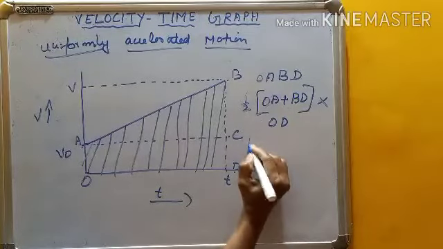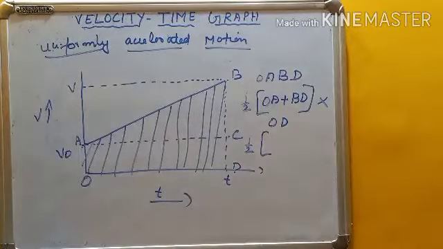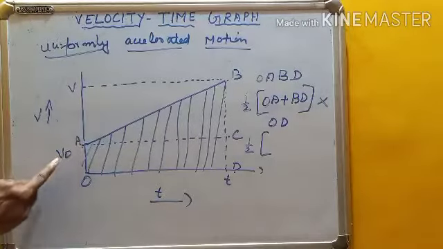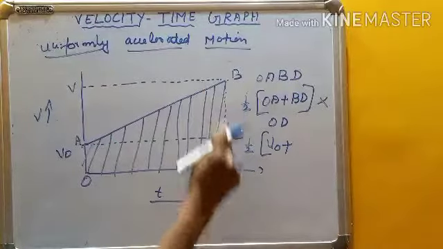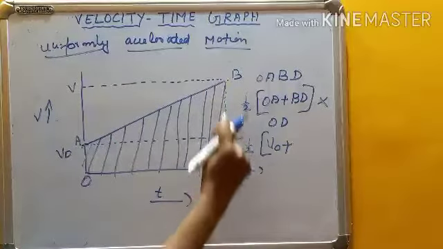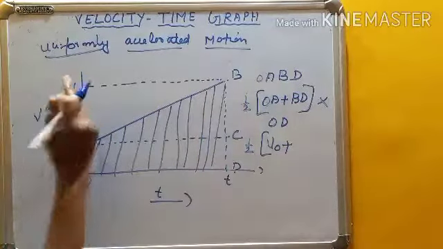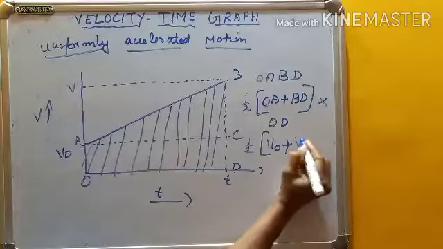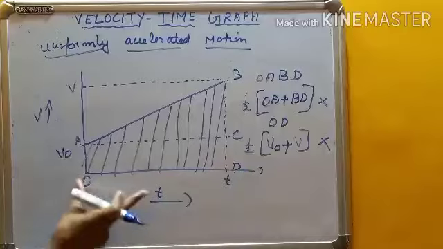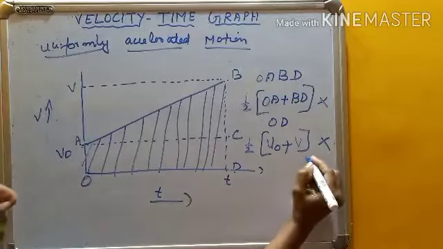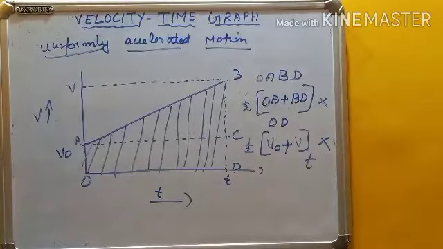Now half into OA, and OA is V naught, plus BD, and BD is V, the final velocity, into OD, and OD means the time T. So what we got is half into V naught plus V into T.